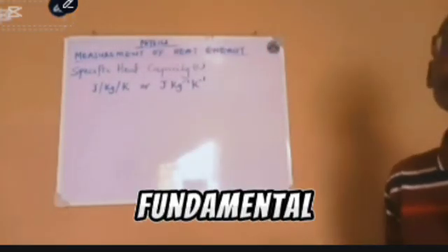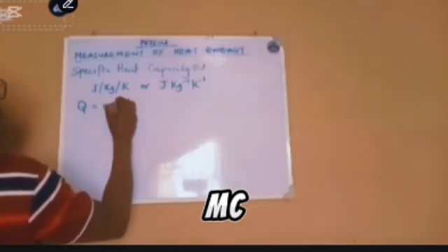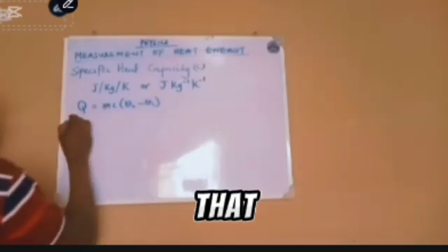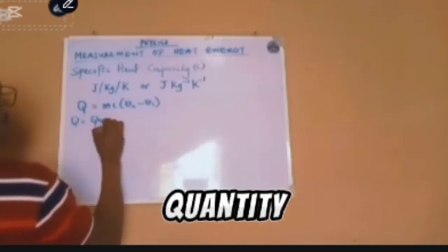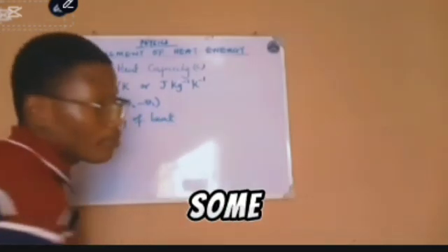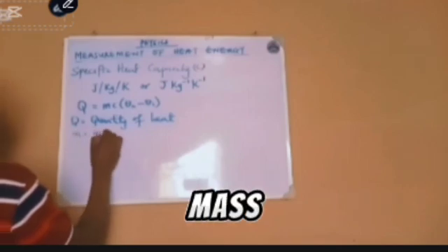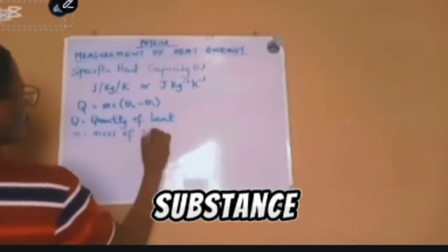From your fundamental knowledge of quantity of heat, you know that Q is equals to MC (theta 2 minus theta 1). We also need to note here that Q stands for quantity of heat, although some textbooks might decide to use H. M is the mass of substance.